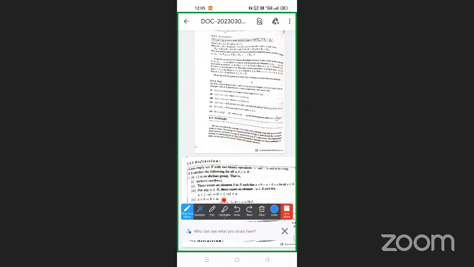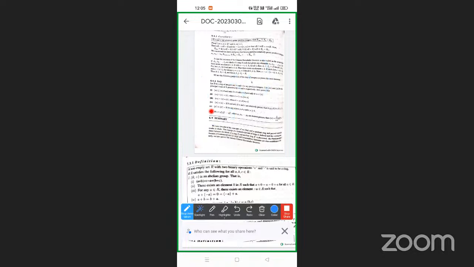So with these five conditions, closure, associative, identity, inverse and commutative, we can say that (R, +) is an abelian group. An abelian group is one that satisfies five conditions.